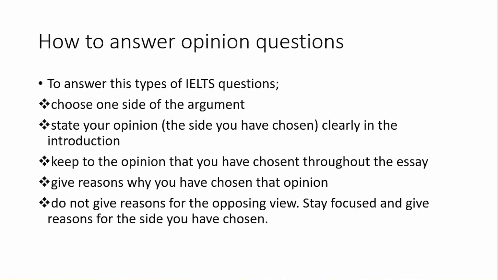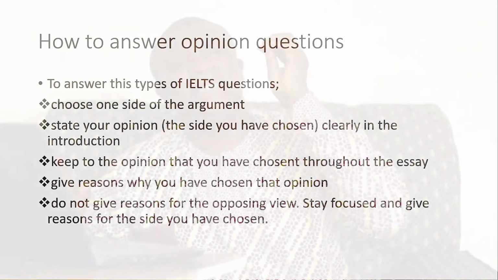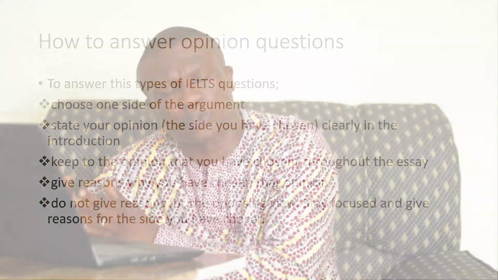Then also, you need to give reasons why you have chosen that opinion. Do not give reasons for the opposing view. Stay focused on the side you have chosen, and you should be able to give at least 2 or 3 reasons, and that will be sufficient.